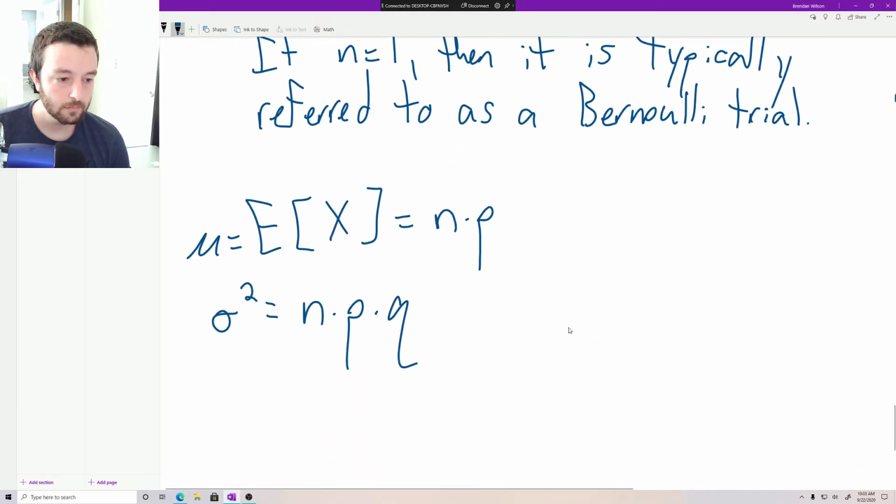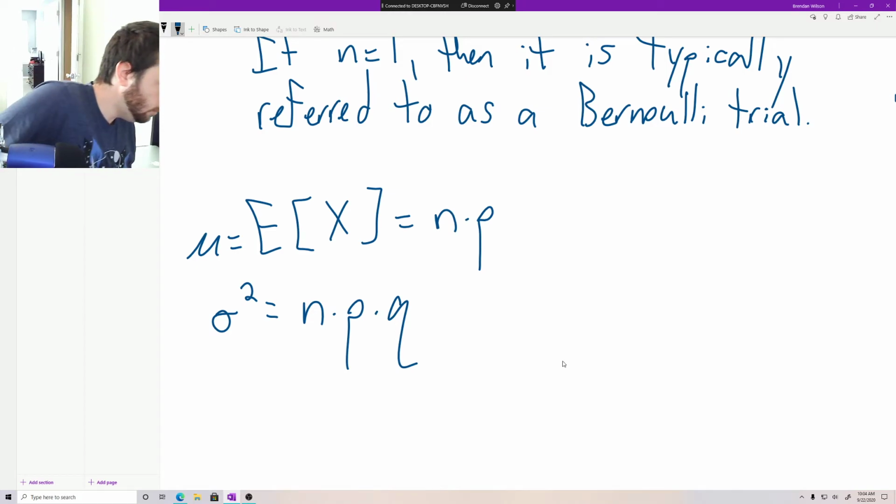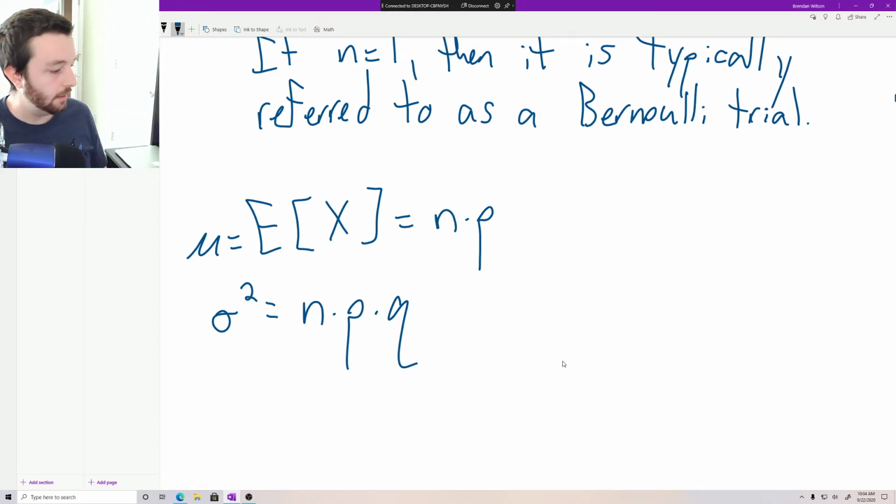That one's not going to be as important as the expected value. So if it's Bernoulli, because n is always equal to 1, your expected value is just p. And here your variance would be just pq, p times q. Now, like I said, we're not going to go super in depth with this.